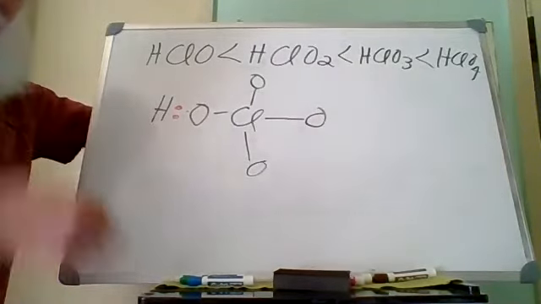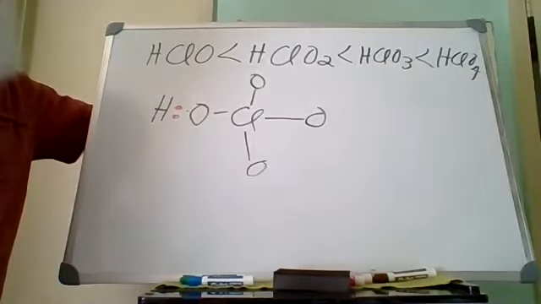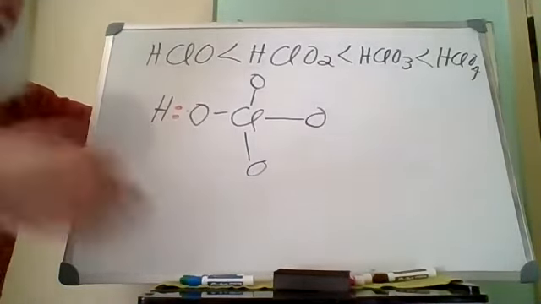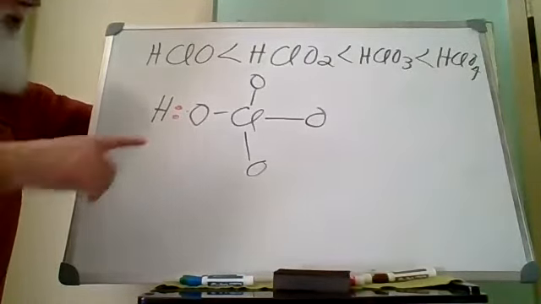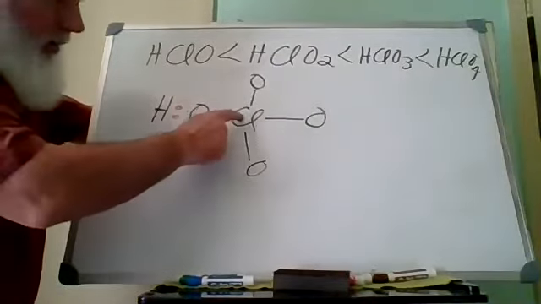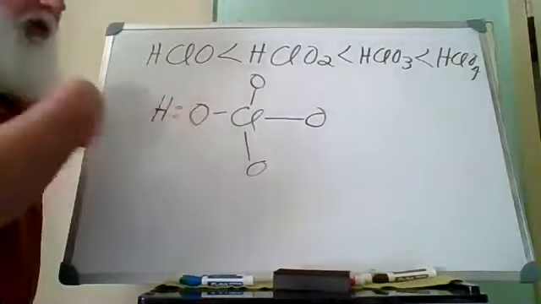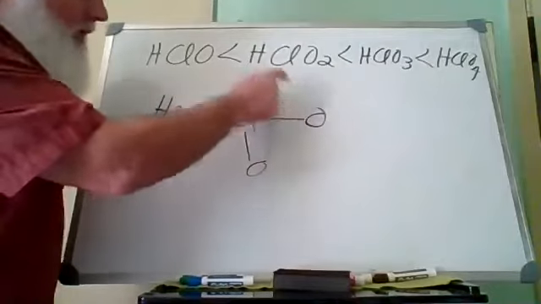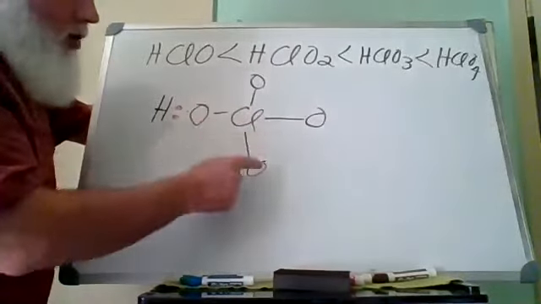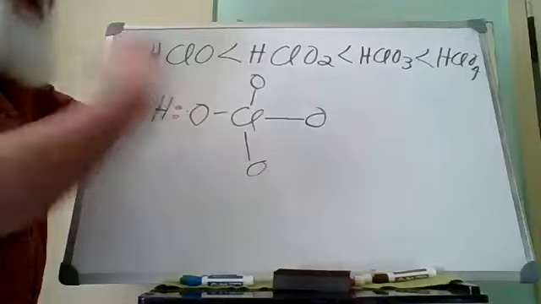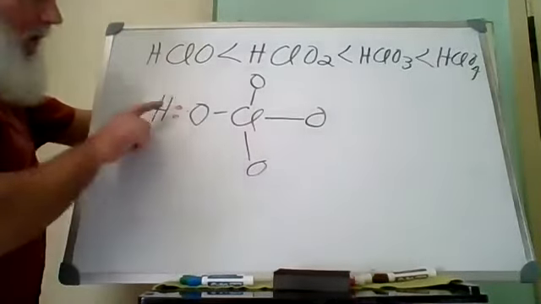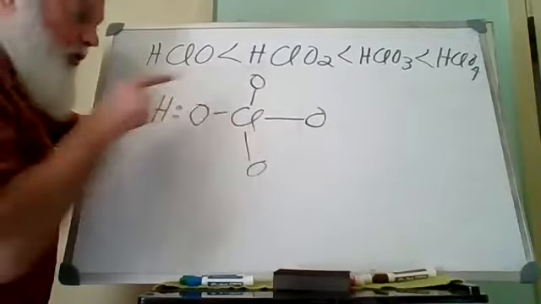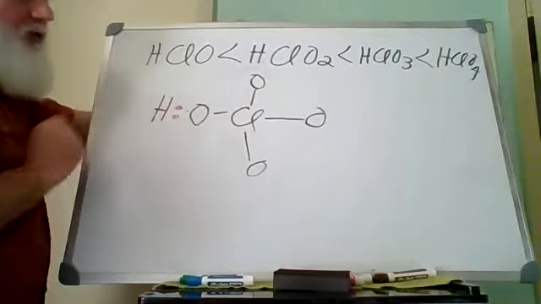Going down a group, it's the size of the heteroatom, the atom that the proton is bonded to, that was the determining factor of how strong the acid is. In the oxyacids, the greater the electronegativity, the stronger the acid. And the more highly substituted this heteroatom is with oxygens, the stronger the acid becomes. So again, it's all how much these electrons are pulled away from the hydrogen.